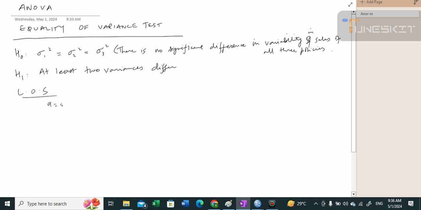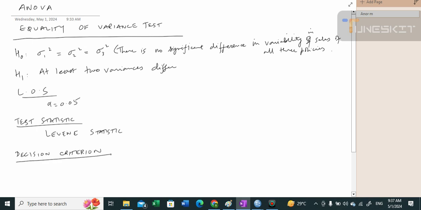Now we have a level of significance of 0.05. Then we have the test statistic, that's the Levene statistic, that we are given. And then we write down the decision criterion as the condition under which H naught would be rejected.